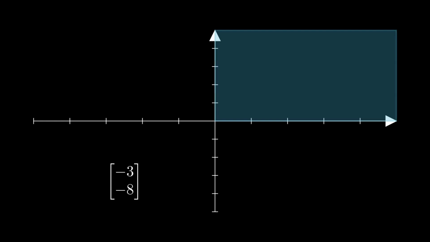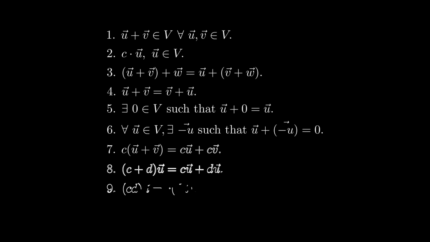To dive a little deeper into the definition of a vector space, there are some axioms that it must follow, which are, they might look intimidating, but don't worry, they're easy to wrap your head around. We've already seen the first two. The third one is the associativity property, which says that grouping doesn't matter when adding. The fourth is commutativity, which means the order in which we add them doesn't matter.